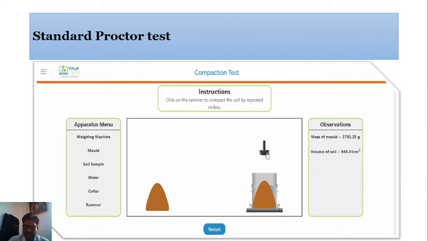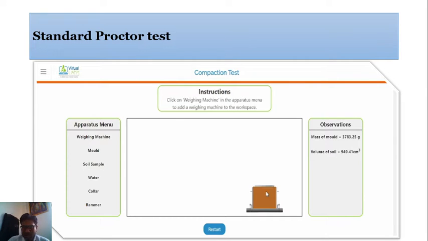So we take one particular amount of soil and give 25 blows with the help of a rammer, whose weight is 2.86 kg for the standard Proctor test and 8.49 kg for the modified Proctor test. So we fill the mold with 25 blows of a 2.5 kg rammer.